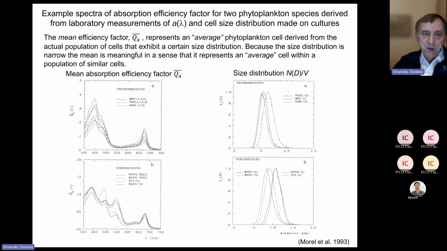So in this case, size is one determinant, but intracellular concentration of pigments must have been lower for the Synechococcus cultures than Prochlorococcus. So the absorption coefficient was lower, so efficiency is lower for Synechococcus than Prochlorococcus.